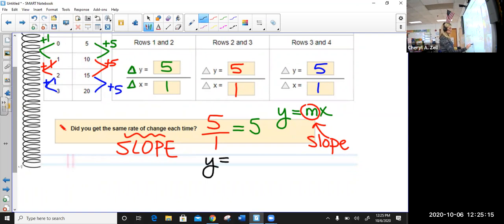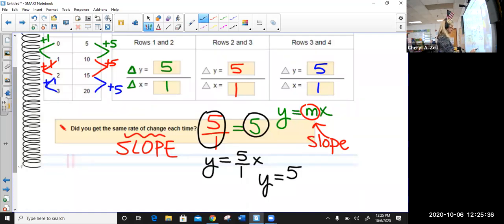Y equals, do we know what m is? Yes, what did we say it was? It was 5. Or it's also 5 over 1. So you could say y equals 5 over 1 x, or simplify it to y equals 5x. Okay, the 5 represents what? The slope of the line.